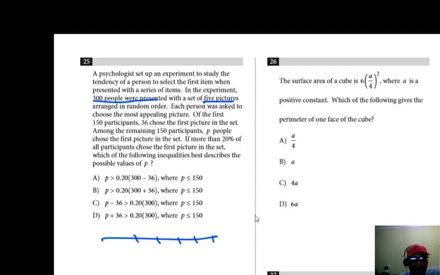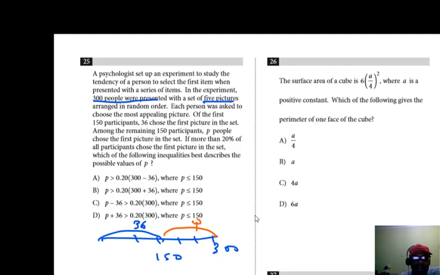Of the first 115, we have a total of 300. Of the first 115, 36 chose the first picture in the set. Only 36 of them chose the first picture. Among the remaining, which means from this to this one, P people chose the first picture in the set.